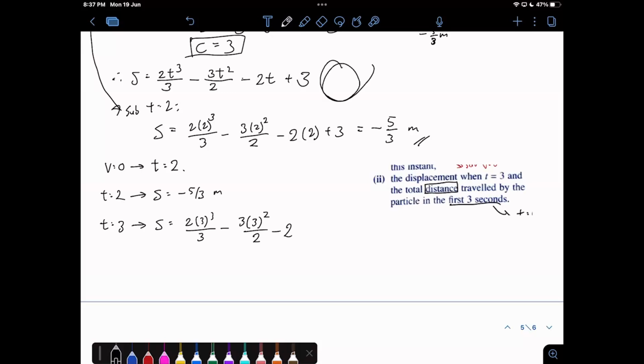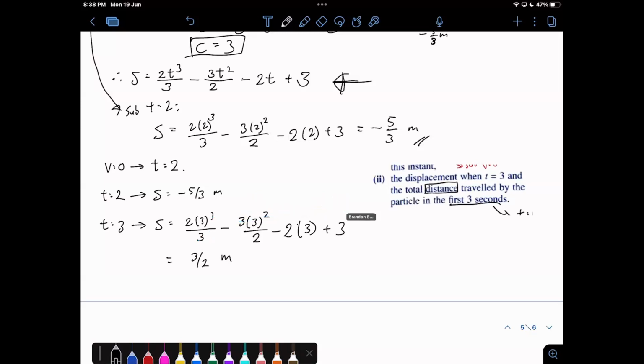I'm referencing this formula over at the top here. So what is it? -2 times, let me see, 3 plus 3. Okay, what is this? Three over 2 meters, positive.